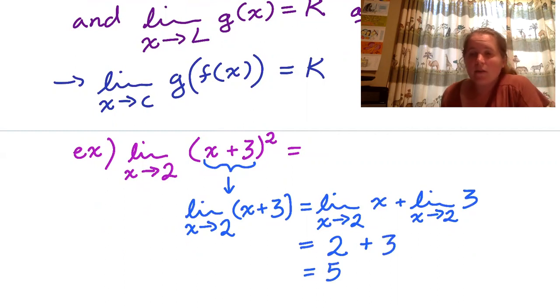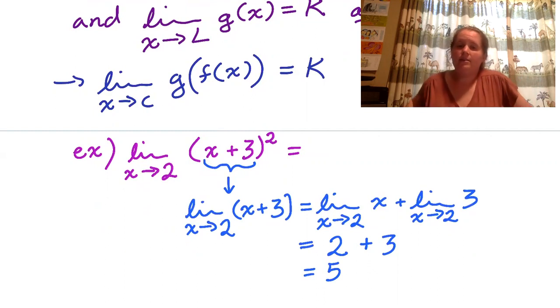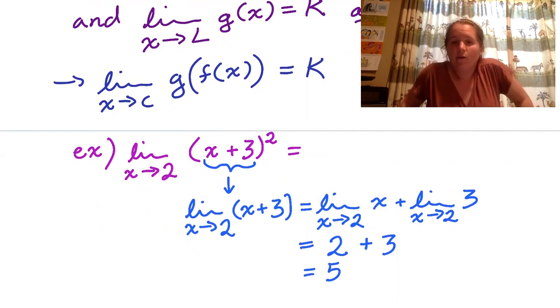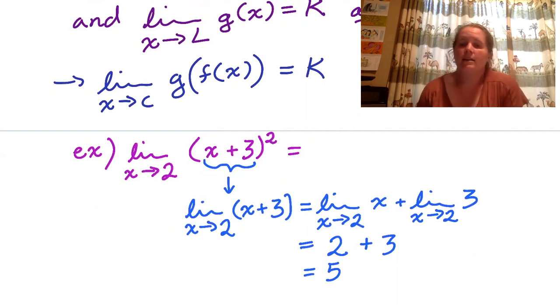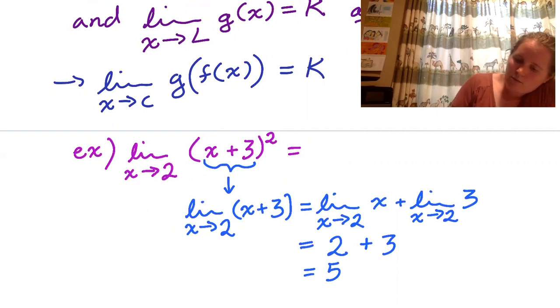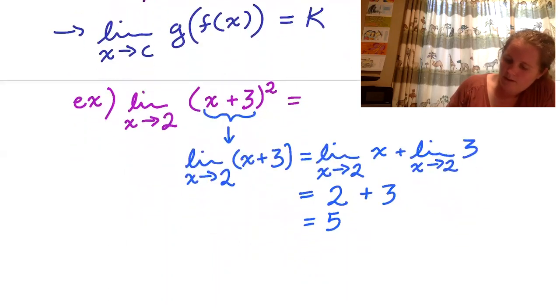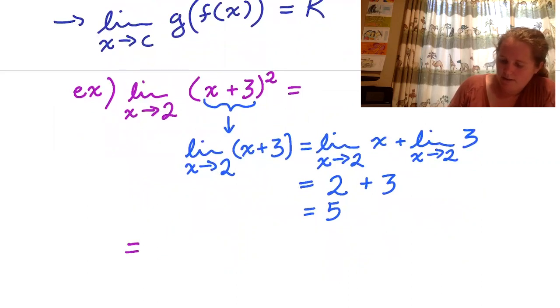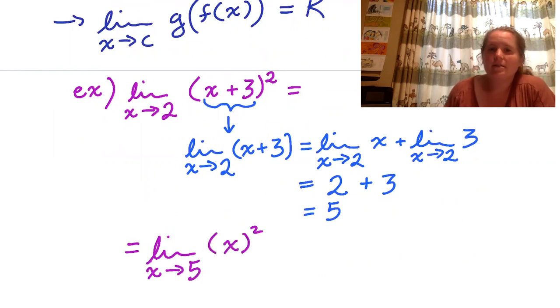Right? And now we can look at instead the limit as x goes to 5 of our outer function. So that inside is going to 5. The outside function is squared. So now we can go ahead and continue this. This is the same thing as the limit as x approaches 5 of the square function of x squared.